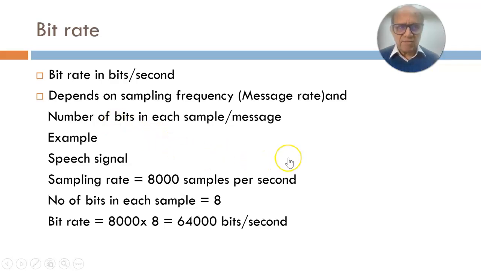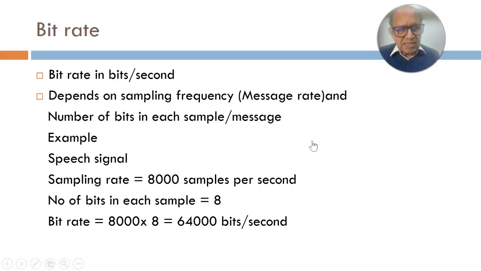Okay. So what did we say? We said that digital communication system transmits information by sending a sequence of messages. Each message can be a coded sample, or it could be a coded discrete source itself. And then to calculate the bit rate, you need to know at what rate messages are sent or at what rate samples are sent.